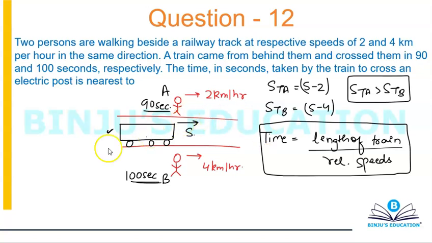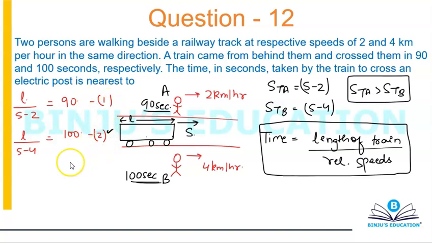Now let's consider the train having length L. So the first equation that I can form is L divided by S minus 2 is equal to 90, and the second is L divided by S minus 4 is equal to 100. When you divide the two equations, you will get S minus 4 divided by S minus 2 is equal to 9 by 10.